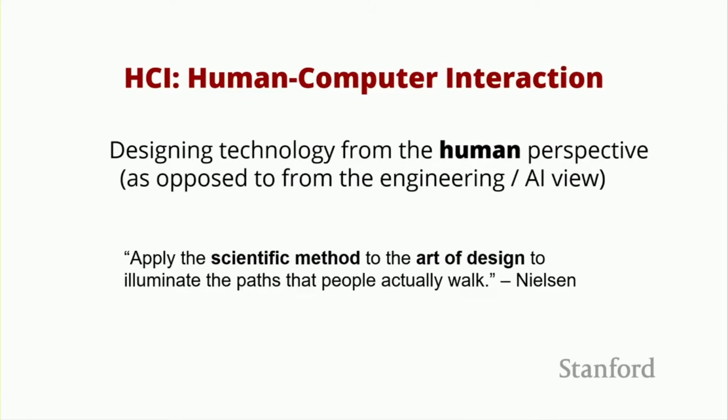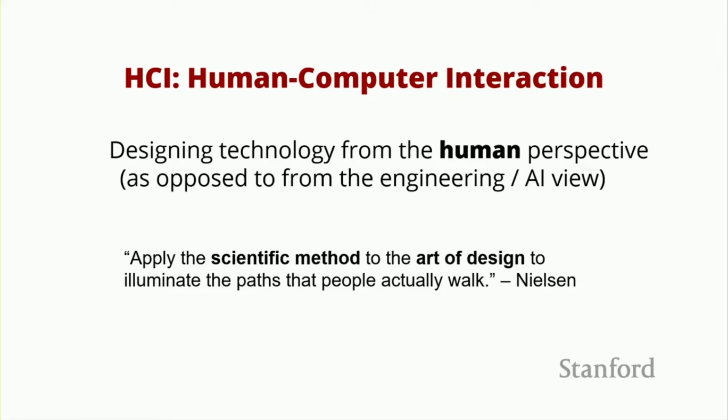Okay, so if you're not familiar, human-computer interaction is broadly a discipline that thinks about designing technology from a human perspective. It is distinguished from what I'd argue most of engineering and computer science is good at, which is starting with an engineering problem and solving directly there.